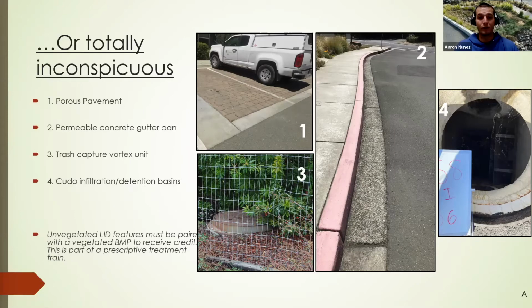Really, our priority features that can stand alone as themselves are vegetated features. These are features where we incorporate vegetation into bioretention or vegetated swales and treat and capture the water. But we can do treatment trains as well, where they are porous pavement and other sorts of features.